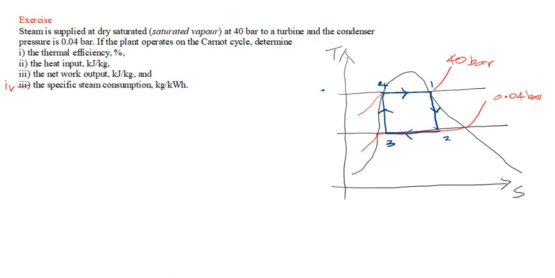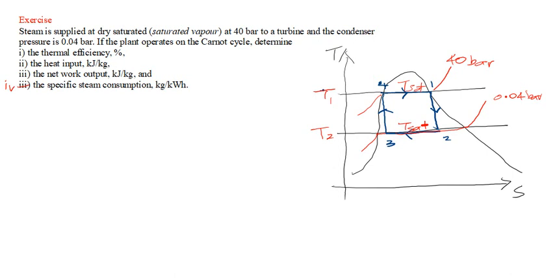And as far as the temperature is concerned, this is T2, which is equal to T3, and this is T1, which is equal to T4. And how do we get T1 and T2? This is basically the T sat. The T1 is T sat at 40 bar, and the T2 is equivalent to the T sat at 0.04 bar.